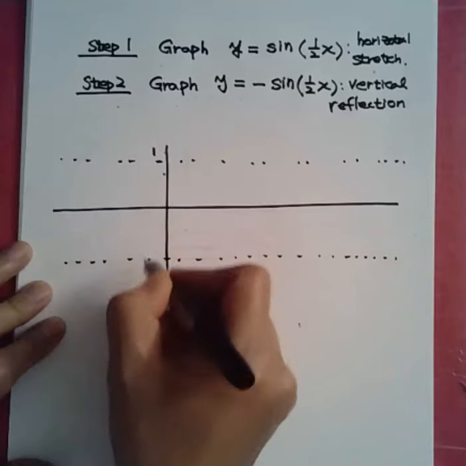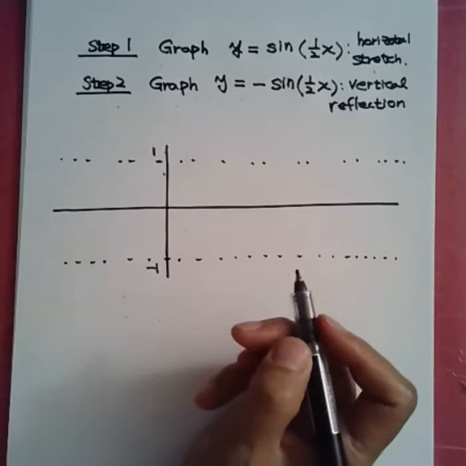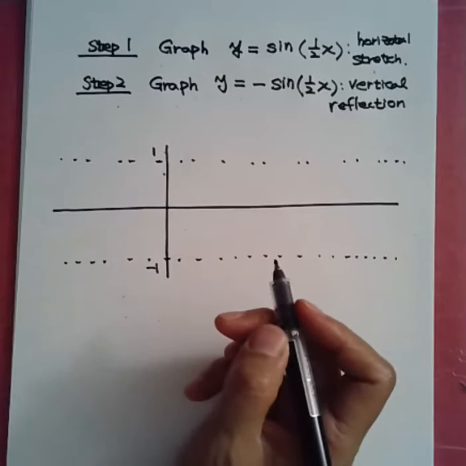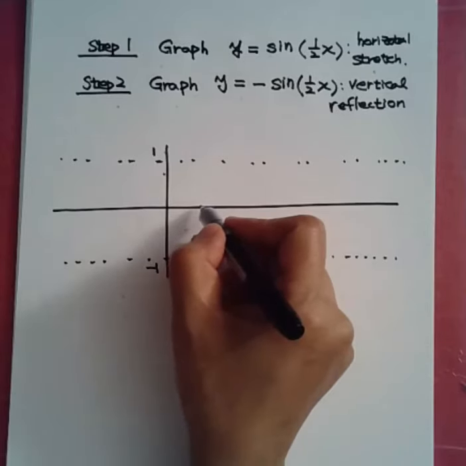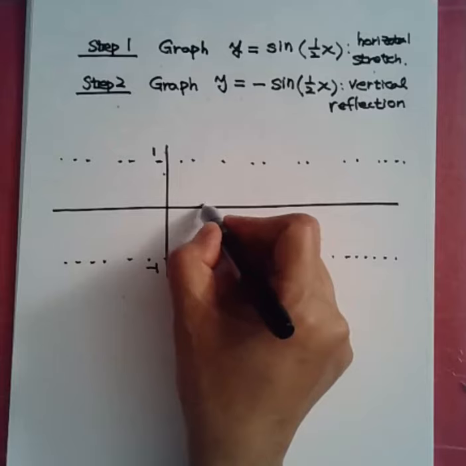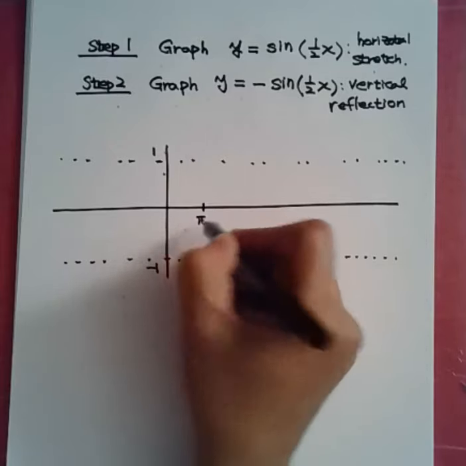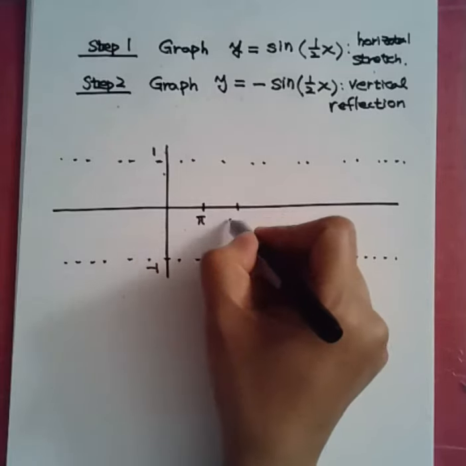The maximum value is 1 and minimum value is -1 because we already know that the amplitude is 1. The benchmark happens every pi.